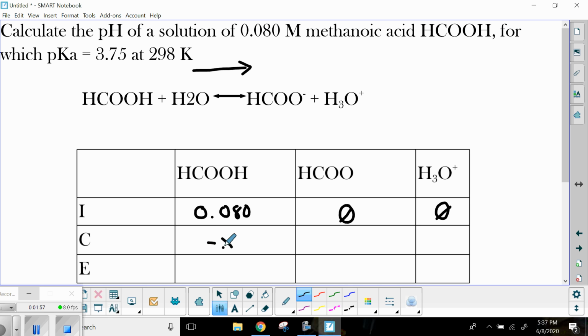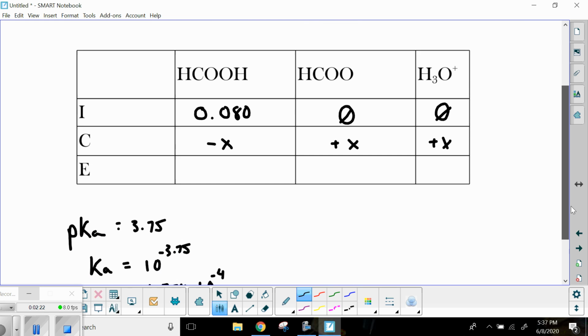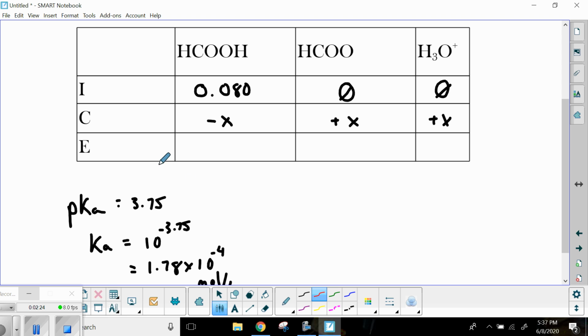I'm going to lose some X on the reactant side, and on my ice table I'm again not including the water. Water is a solvent, and solvents that are pure substances do not have a concentration. I'm going to gain an X here, gain an X here, all because we're in a 1 to 1 to 1 ratio.